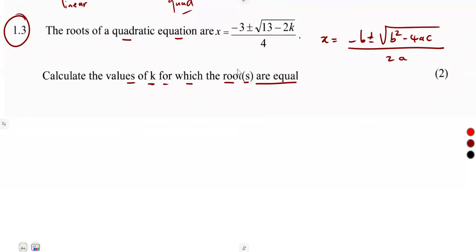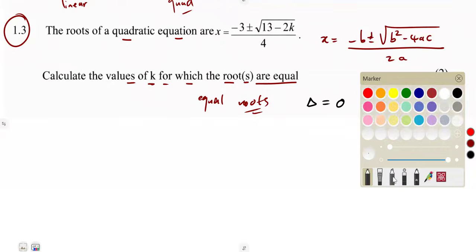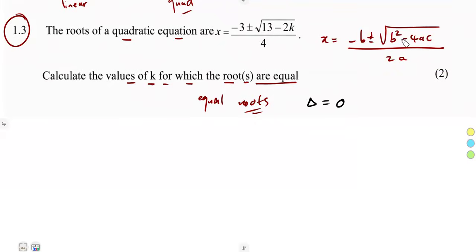We do understand, guys, for equal roots, when the roots are equal, it is all about our delta. The discriminant is supposed to be exactly equal to 0. And what represents the discriminant? It is the b squared minus 4ac, what is under the square root.